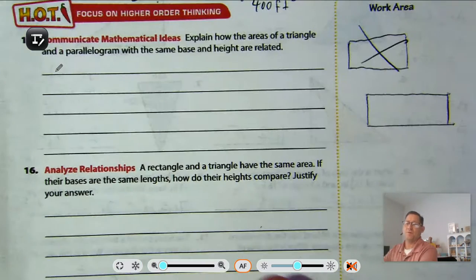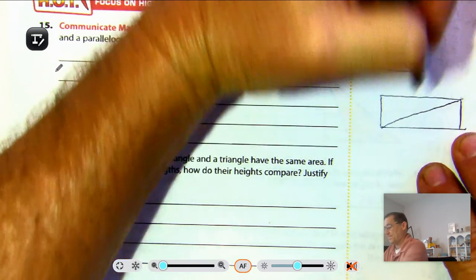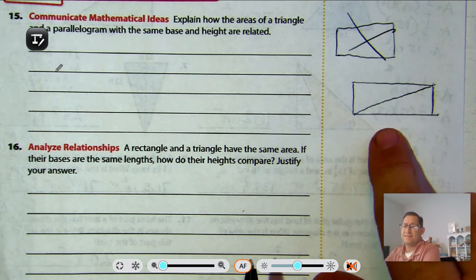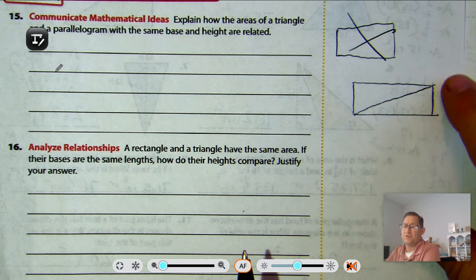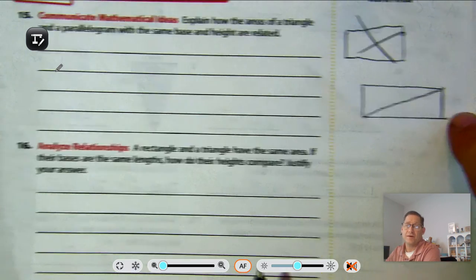All right, so we started with a rectangle, and we drew a diagonal, right? Well, the base of the rectangle is the same as the base of the triangle. The height of the triangle is the same as the width or the height of the parallelogram.